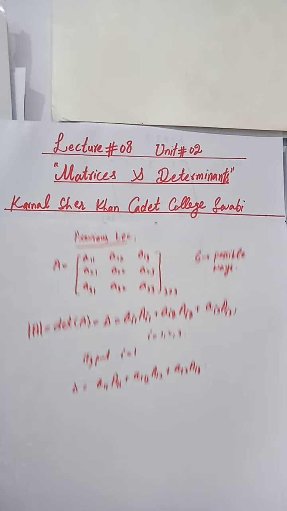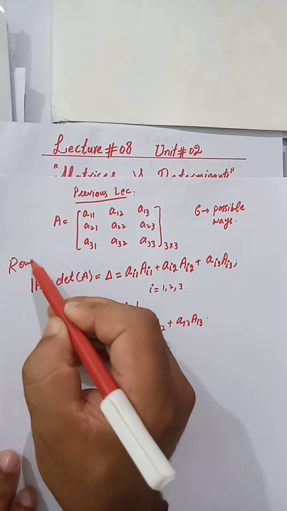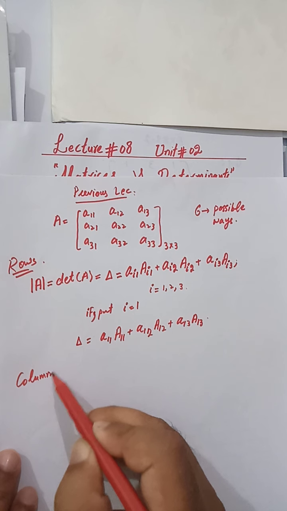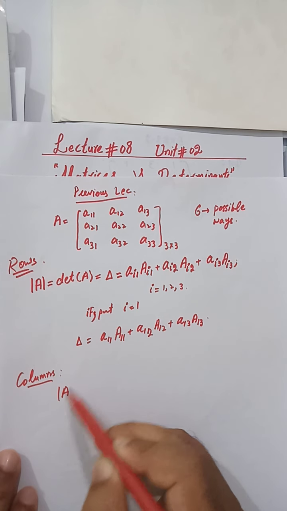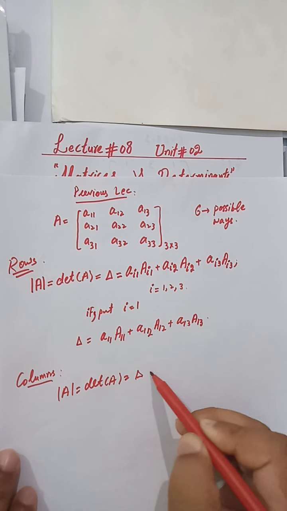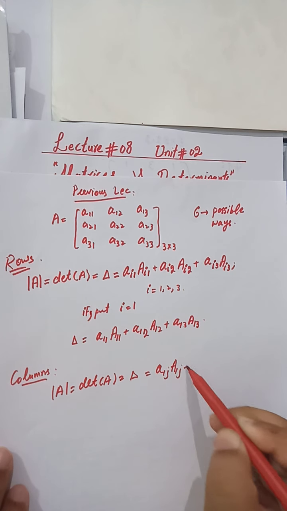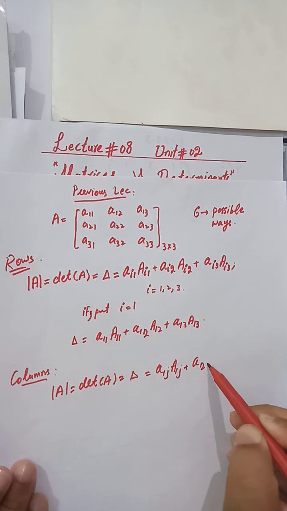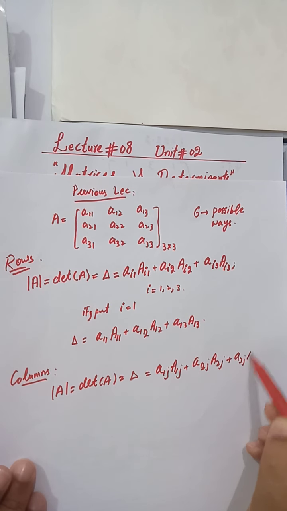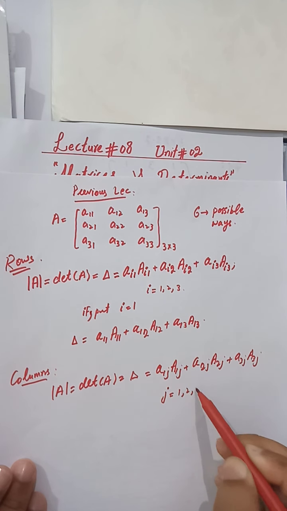If you are interested to find out the determinant with the help of columns, the general formula for a 3 by 3 matrix will be a_1j capital A_1j plus a_2j capital A_2j plus a_3j capital A_3j, and put a condition on j that j runs from 1 to 3.